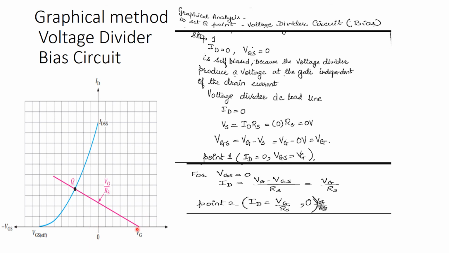When ID is 0, VGS is equal to VG. Second point, when VGS is 0, what is the value of ID? ID is VG upon RS. So this is the second point. Plot these 2 points, you will get a load line having a slope of VG by RS, and this determines your Q point, which is the operating point of the linear amplification device.